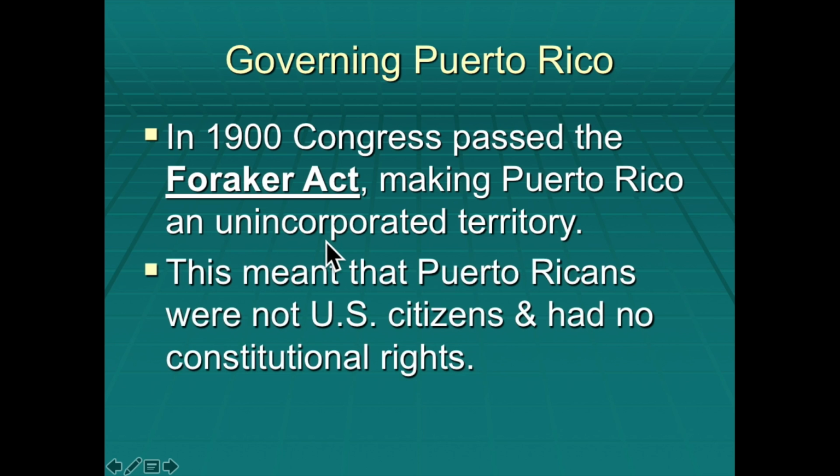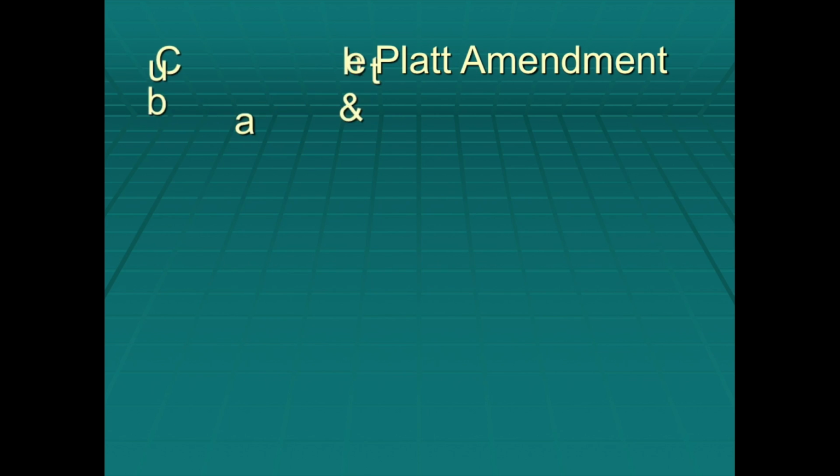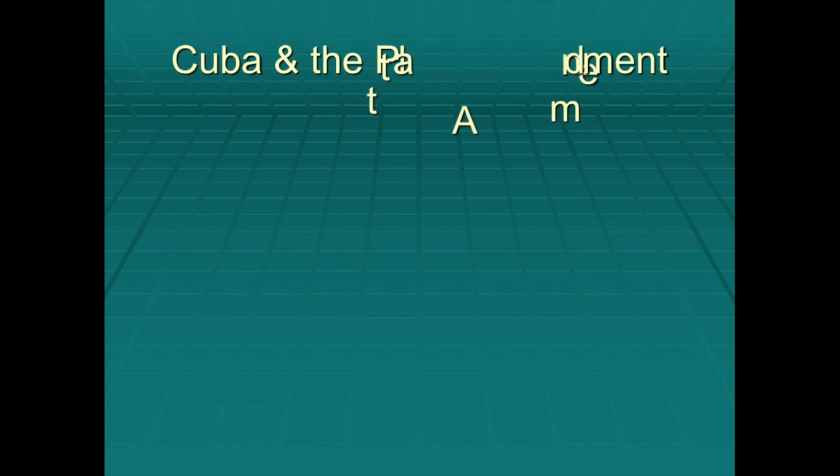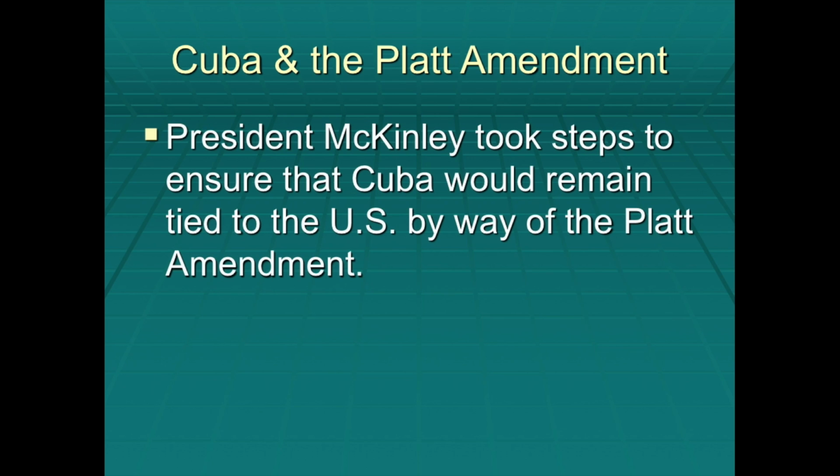This being that the Puerto Ricans were not U.S. citizens. They weren't incorporated into the Union. So they're not U.S. citizens and had no constitutional rights. And that accounts for a lot of Puerto Rico's woes in the current times.